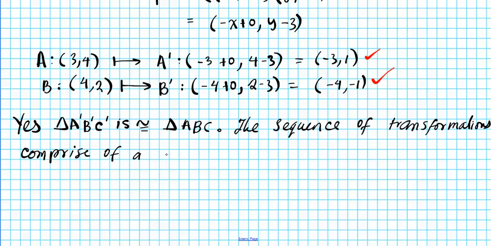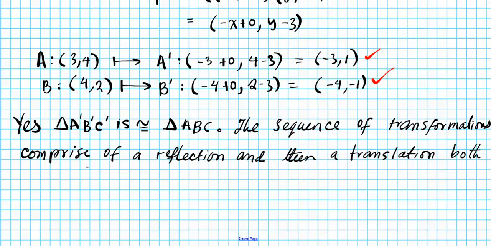The first transformation was a reflection, right? Comprised of a reflection and then what? And then a translation. Okay, what do we know about these two transformations? Both of which are isometries.